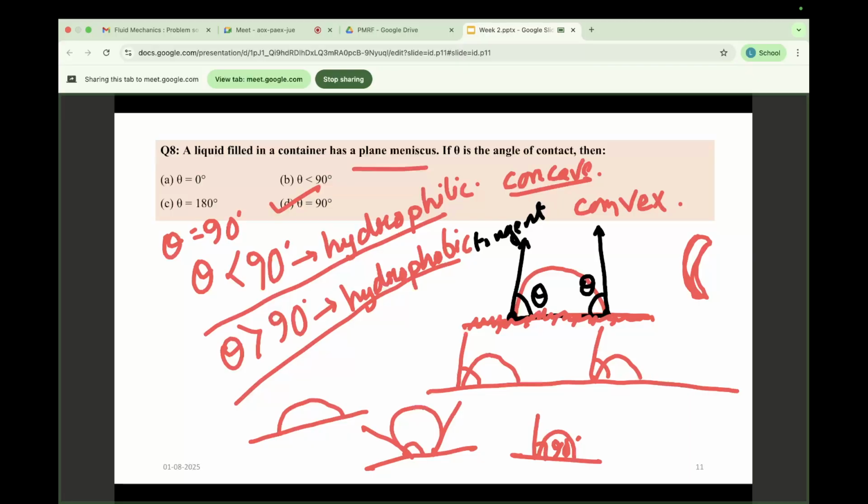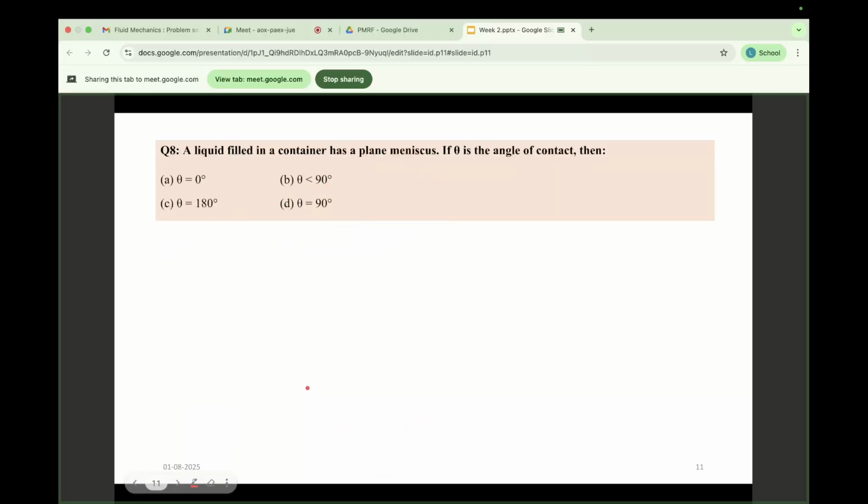So if they say that it is a concave meniscus, then you have to answer theta less than 90 degrees. So the question can be asked like that. If I talk about this example, say if you put water in a glass, any glass, let me clear this and show you.